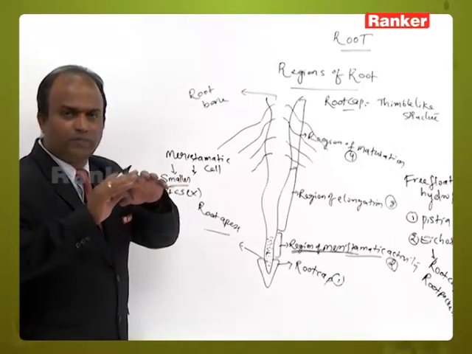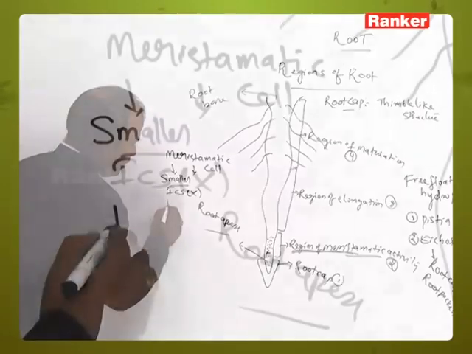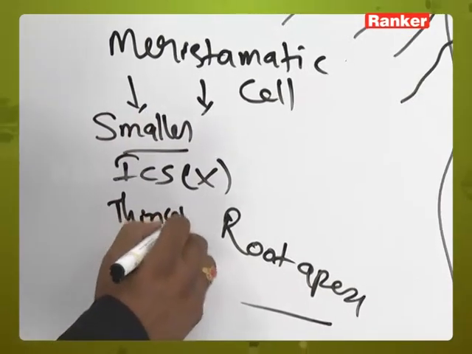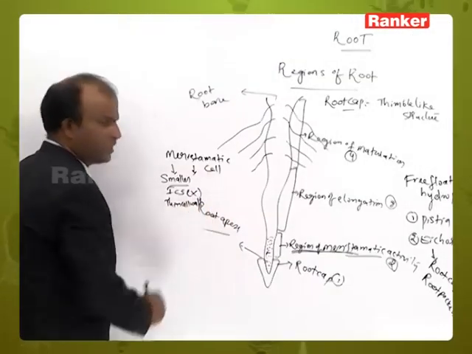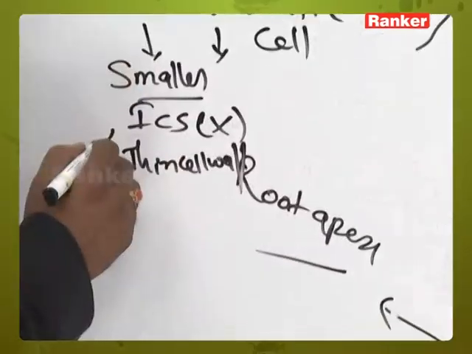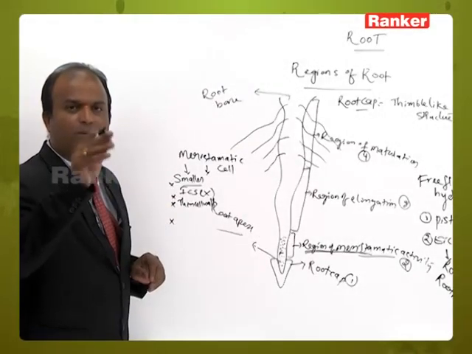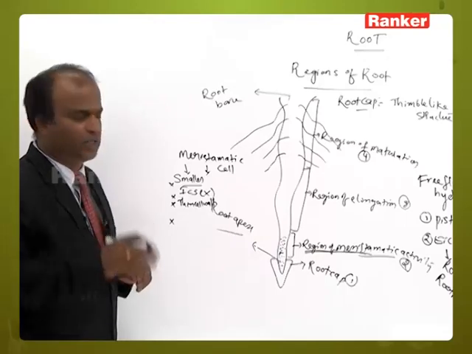This meristematic cell shows a thin cell wall. And the center of the cell is occupied by a larger, bigger, conspicuous nucleus.